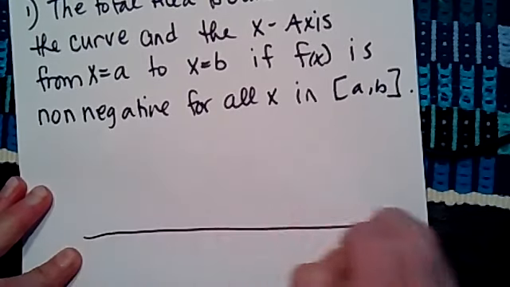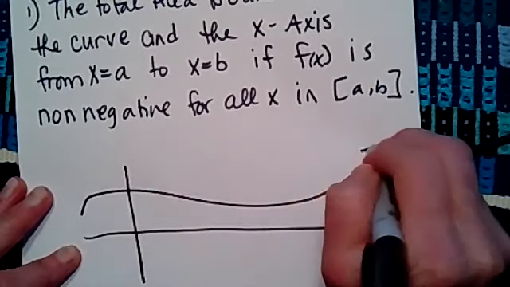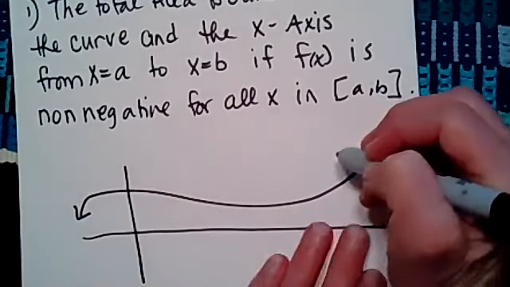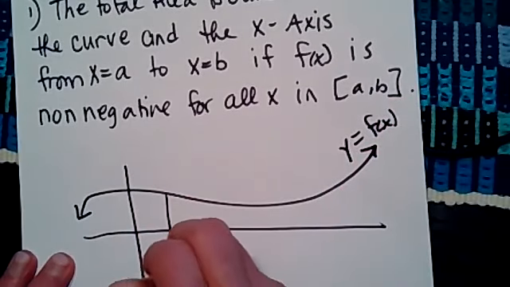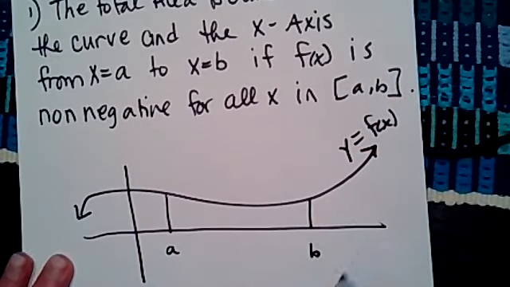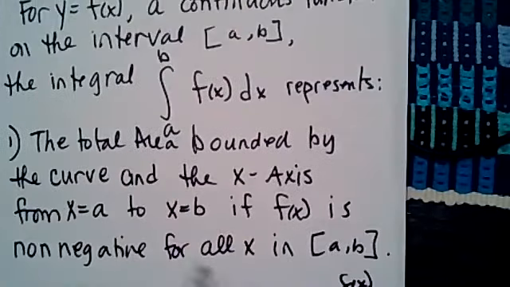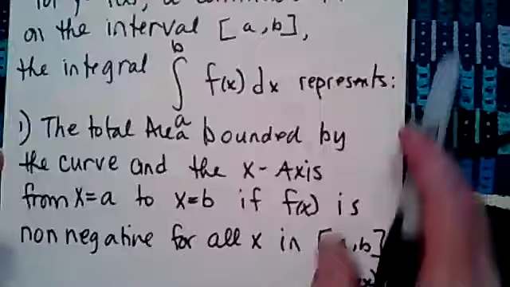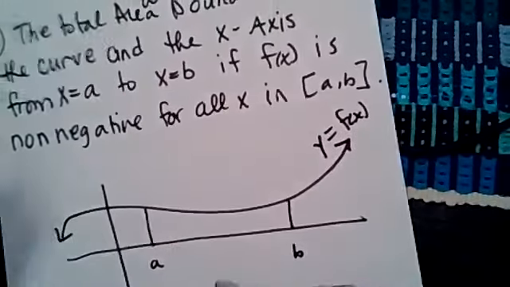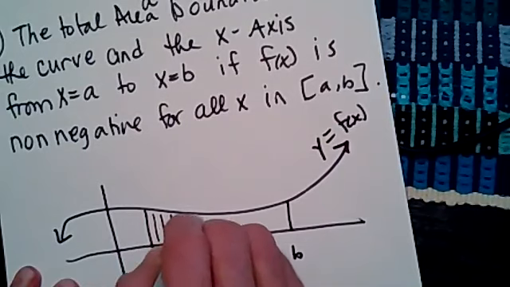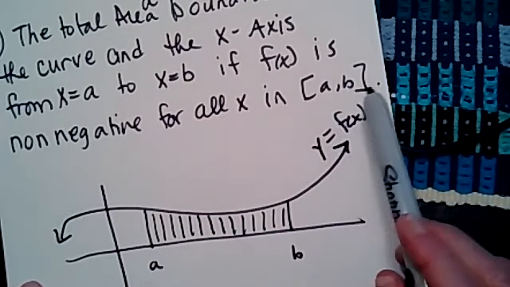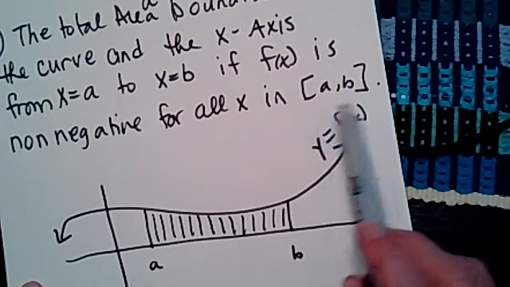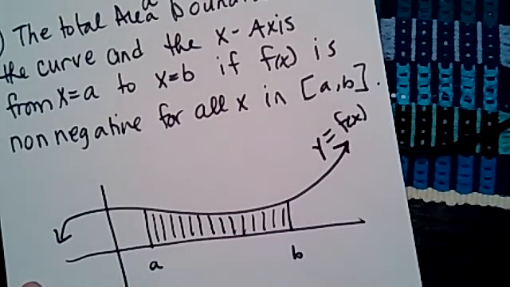So what that means for us is this. If we have a function y equals f of x, this is our function, and this is your a, and this is your b. If we find the integral from a to b of our function, it's going to give us the area between the curve and the x-axis from x equals a to x equals b. The a is always on the left, the b is always on the right.